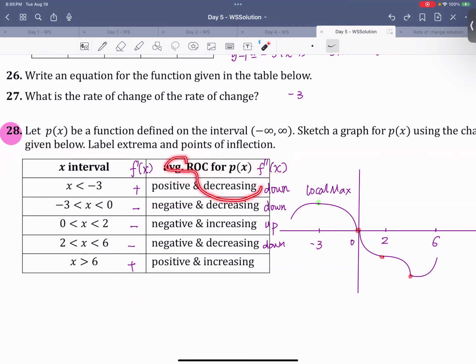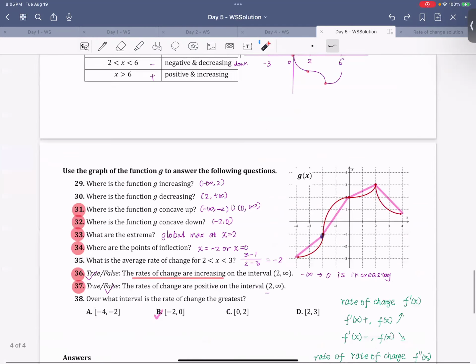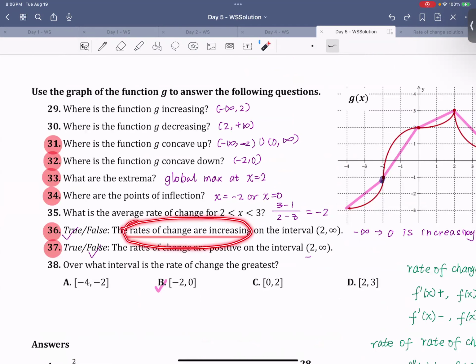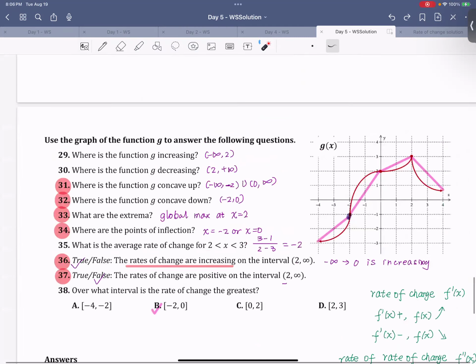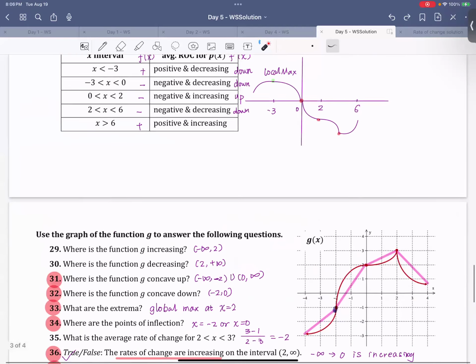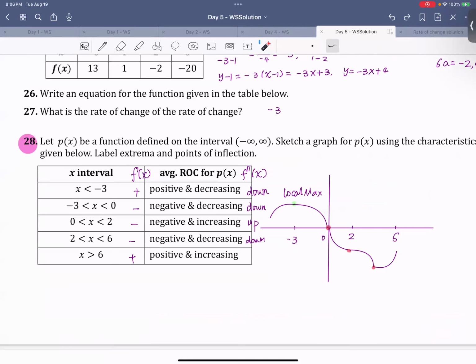Remember the thing we talked about just now. Rate of change is increasing is concave up. Rate of change is decreasing is concave down. I hate saying this because students will say positive going up, increasing, this is decreasing. You want increasing or decreasing?